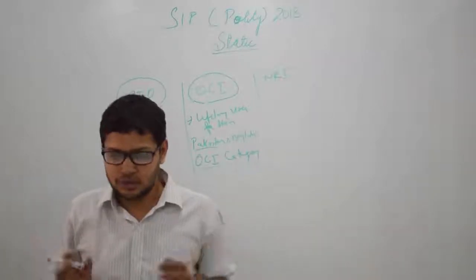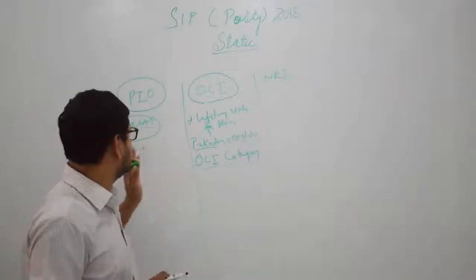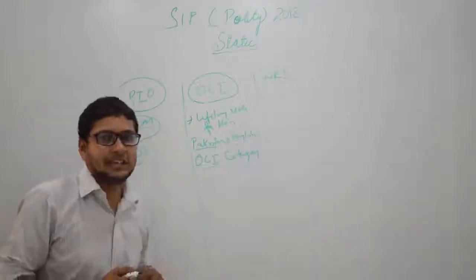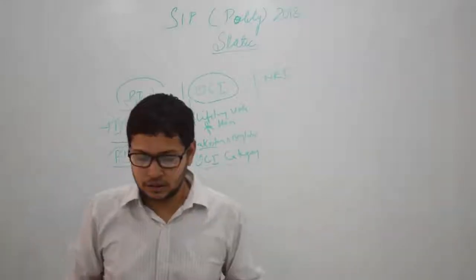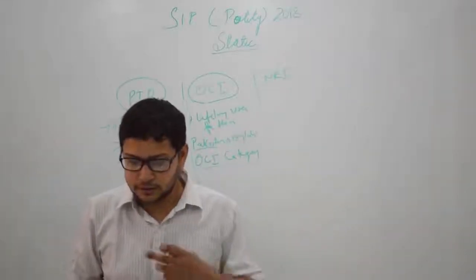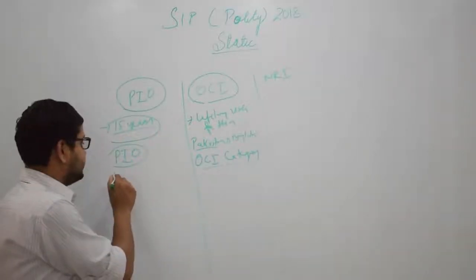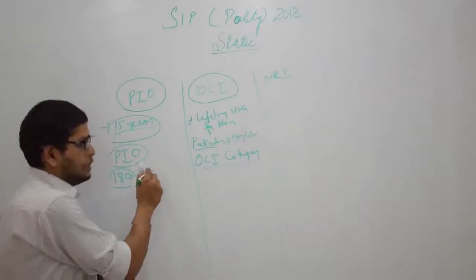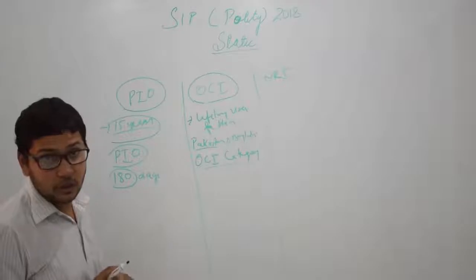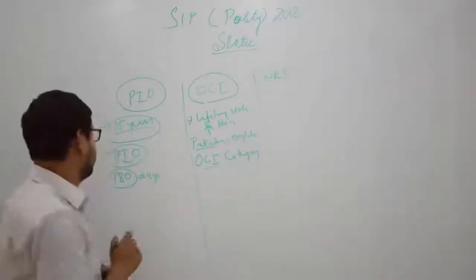Now, what are the facilities which people with OCI get? So they get a lifelong visa, as we have mentioned, while PIO holders get a visa for 15 years only. The second thing is that when a foreign national comes to India, he has to report to the Foreigners Regional Registration Office. So in case of PIO, he can stay in India up to 180 days without registering himself at the FRO office, right?